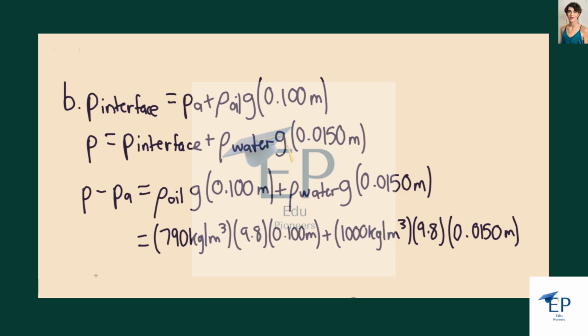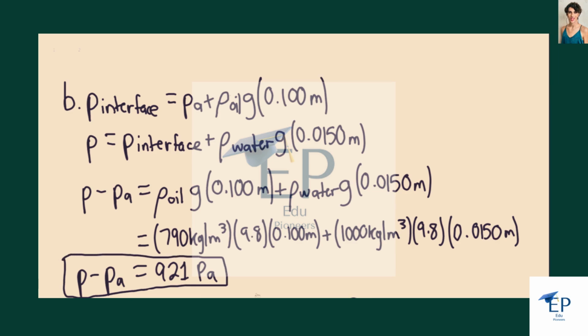And we find that the pressure below the interface, or the gauge pressure, 1.50 centimeters below the interface would equal 921 pascals. This would be your answer for part B.